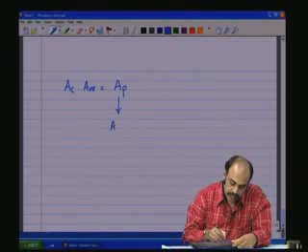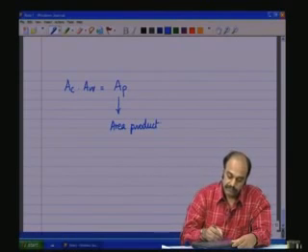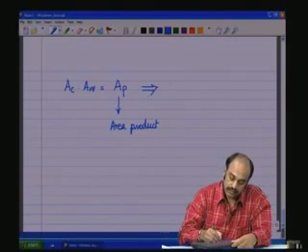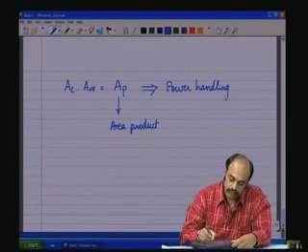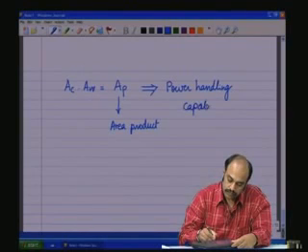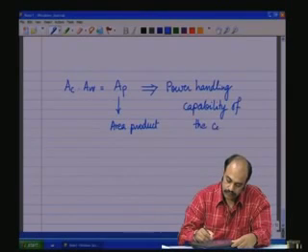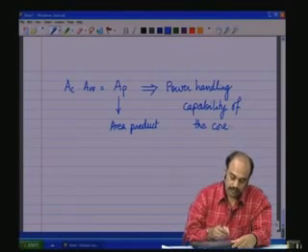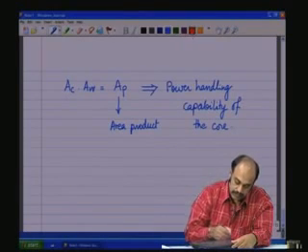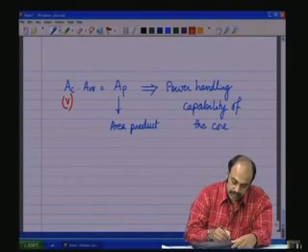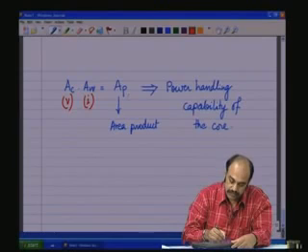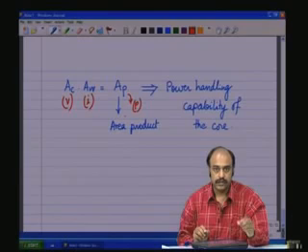This is called the area product, and this should decide the power handling capability of the core. Because this is deciding the voltage handling capability, this is deciding the current handling capability, and therefore, this decides the power handling capability of the core.